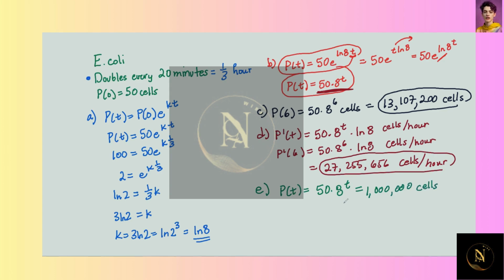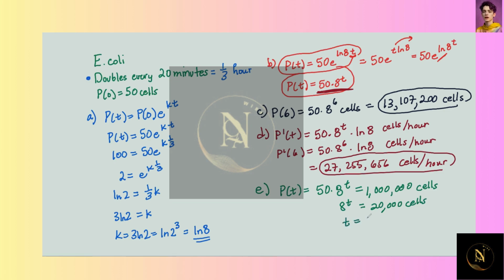So we're going to divide through by 50, and that will give us 20,000 cells. Then we want to do the inverse operation. So if I do log base 8 of both sides, then I will get t to pop out.